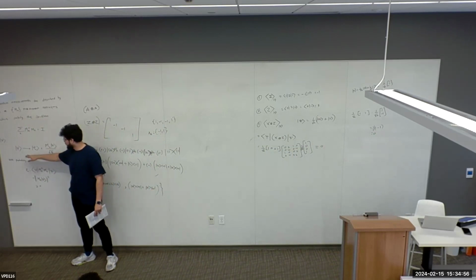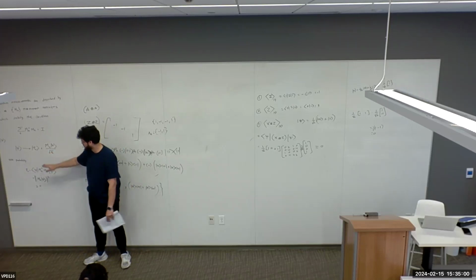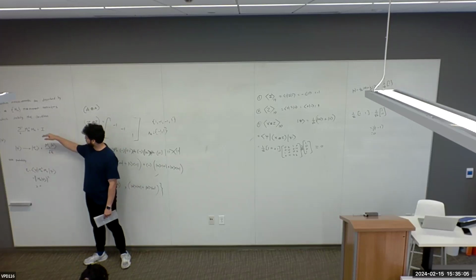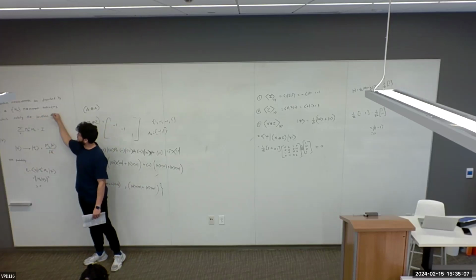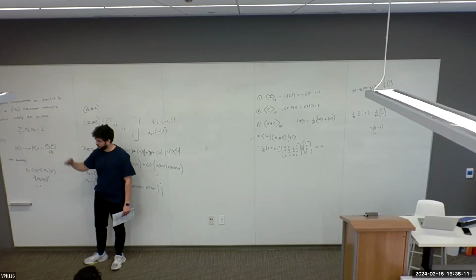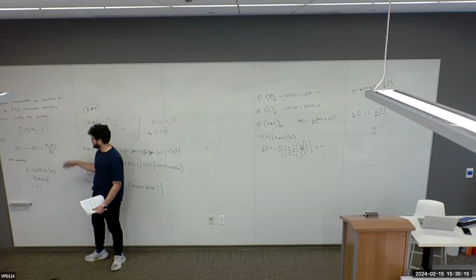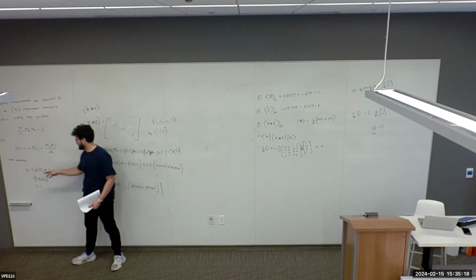You have a post-measurement state, which is given by this, and you get it with some probability pk. On performing a measurement corresponding to the measurement operators Mk, you will have k different possible outcomes, each occurring with some probability pk.